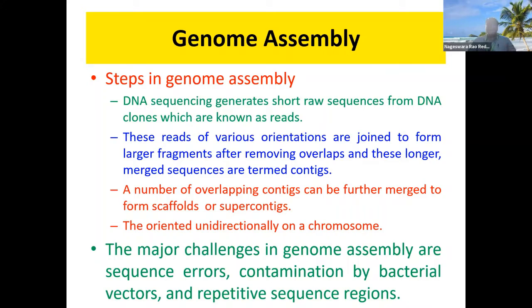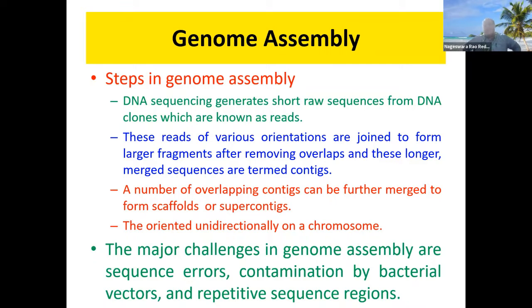These are the three steps followed in reconstruction of the genome, the genome assembly. The first step is DNA sequencing, which generates short reads from DNA, known as reads. We look at the quality of these.